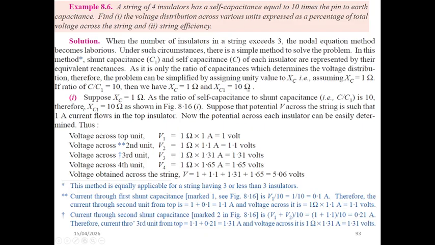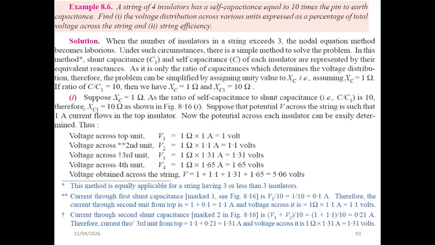So the solution proceeds by assuming a current of 1 amp flowing through the top insulator. So using circuit analysis, the current through each insulator can be calculated by accounting for the additional current flowing through the shunt capacitance at each node.